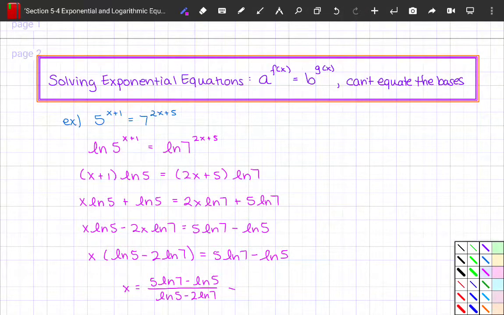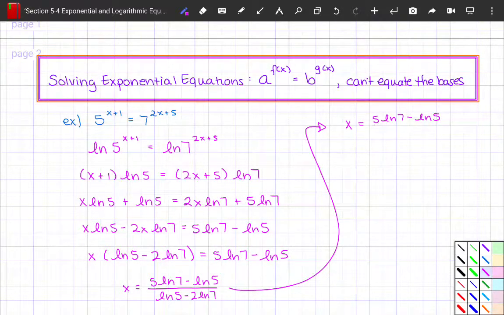So I'm going to go up here. One way is this. I'm just going to copy it down. Another way is we can use our properties of logs to condense that answer down a little bit and simplify it. So remember our power property.